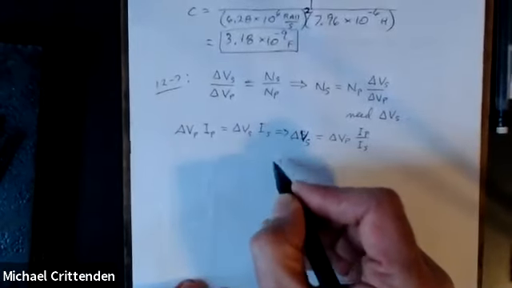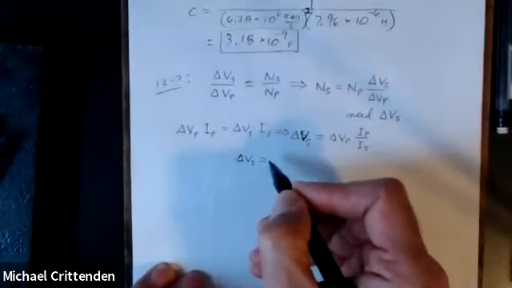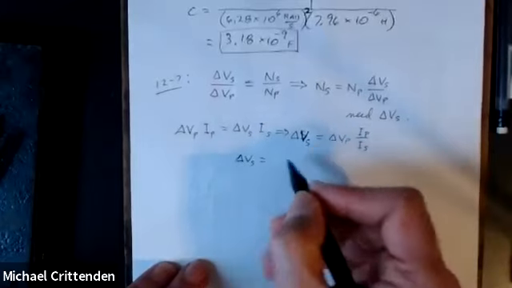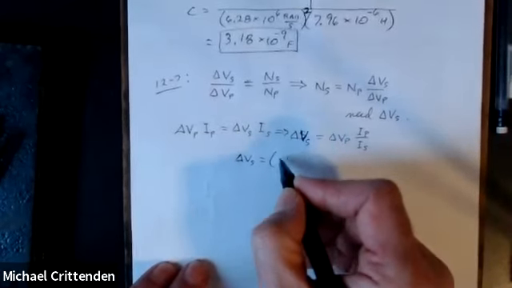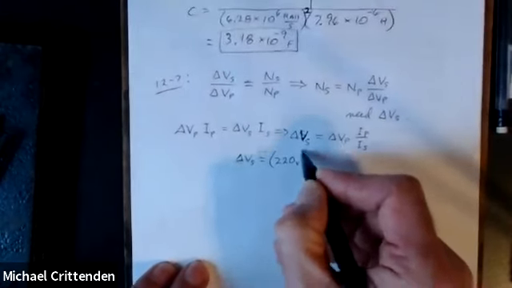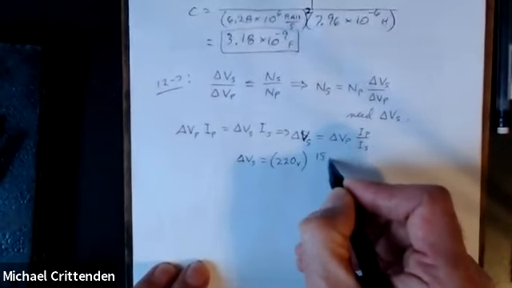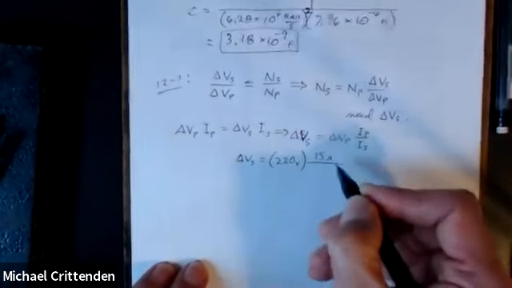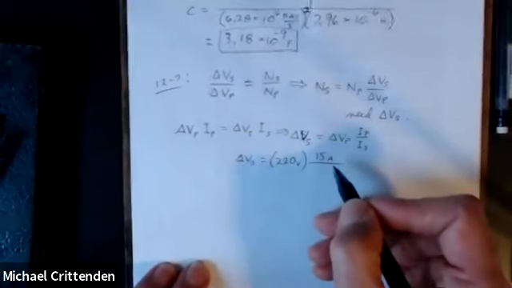Filling in the numbers: on the primary, we plugged it into a 220 volt outlet, and we've got 15 amps flowing at 220 volts.